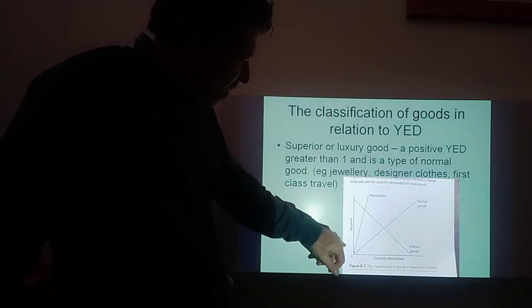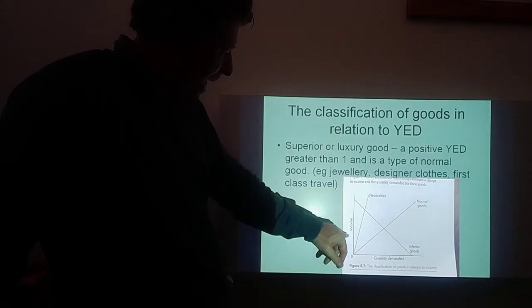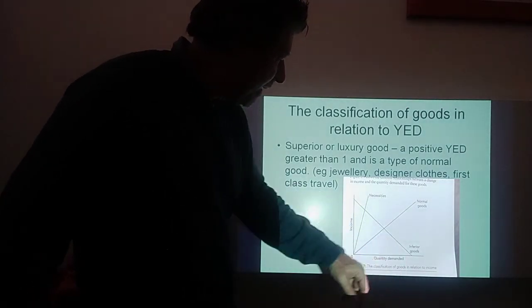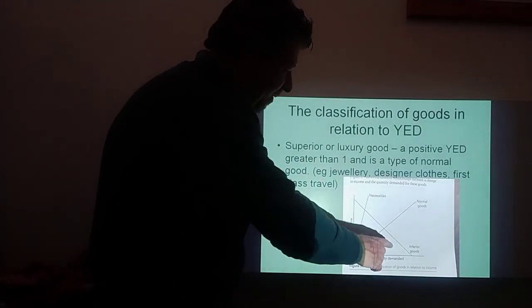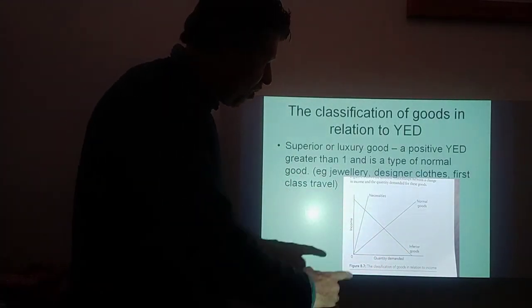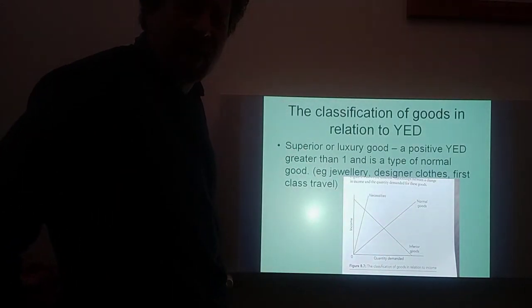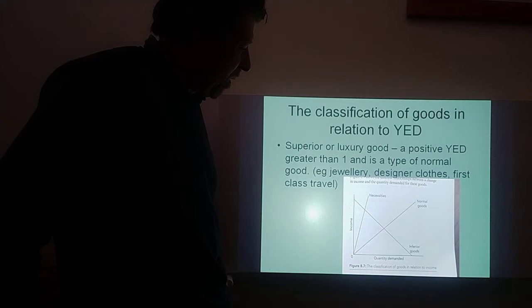We can see the demand curves in a graphic like this. We've got income here, quantity demanded. With the inferior good, we've got the inverted relationship. Normal goods we can see as having a proportionate relationship.